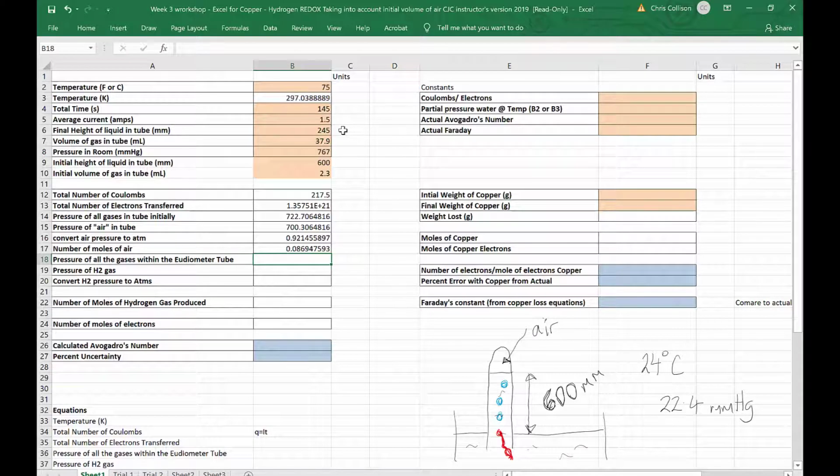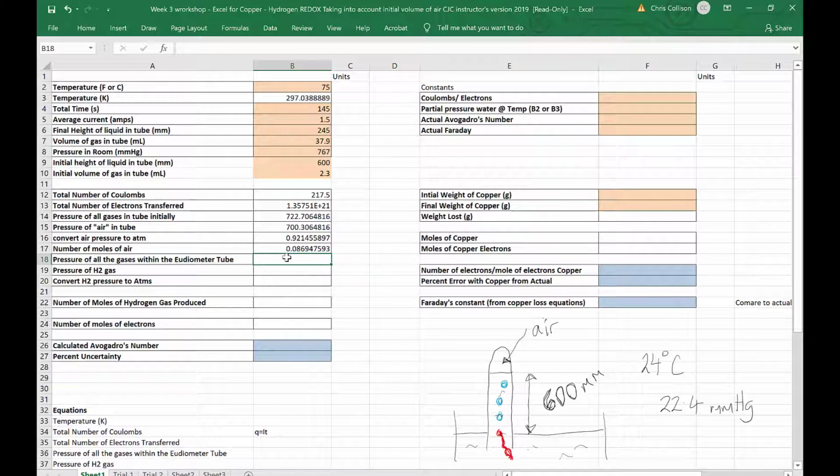through our copper wire. Next up, we're going to calculate the pressure of all the gases within the tube once the experiment is complete. So we're going to follow a similar approach here, but this time we're going to start, again, with the pressure in the room, which is B8 in here.